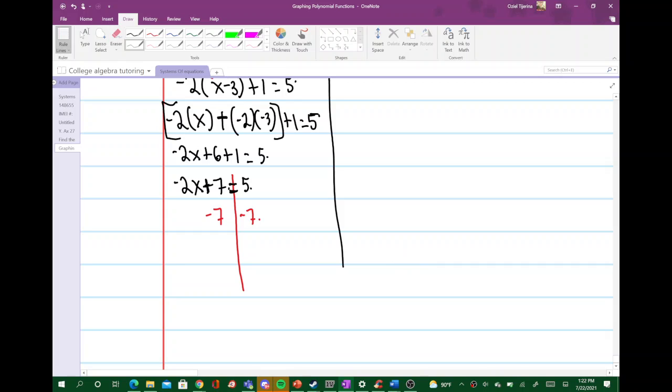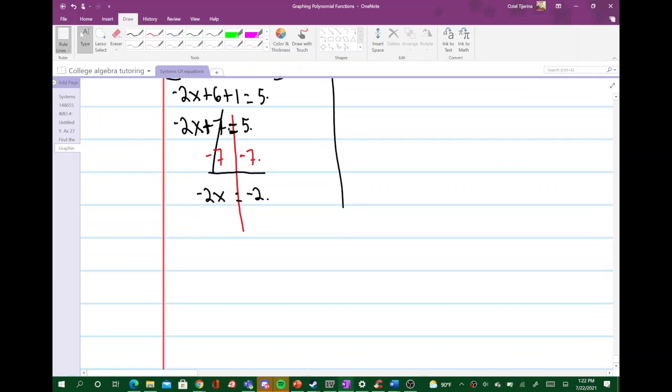You want to make sure your x is by itself. So then we're going to have negative 2x, and 7 minus 7 obviously cancels out. It's 0, so we're just left with negative 2x. So then we have negative 2x is equal to, and 5 minus 7 is negative 2.